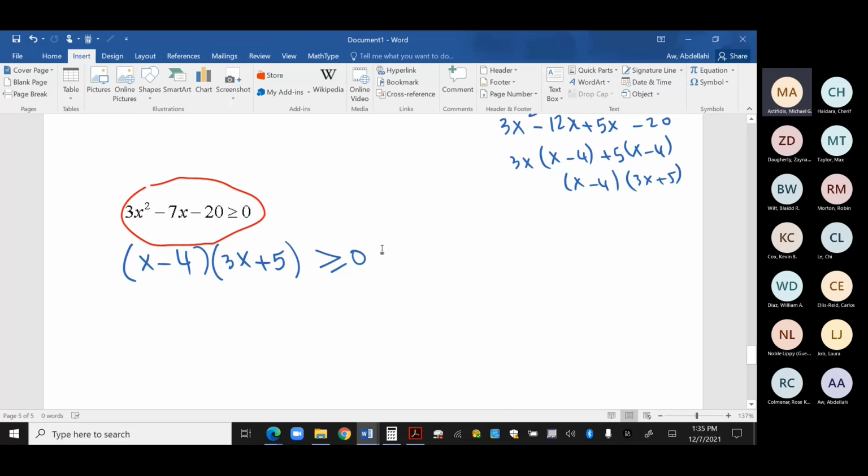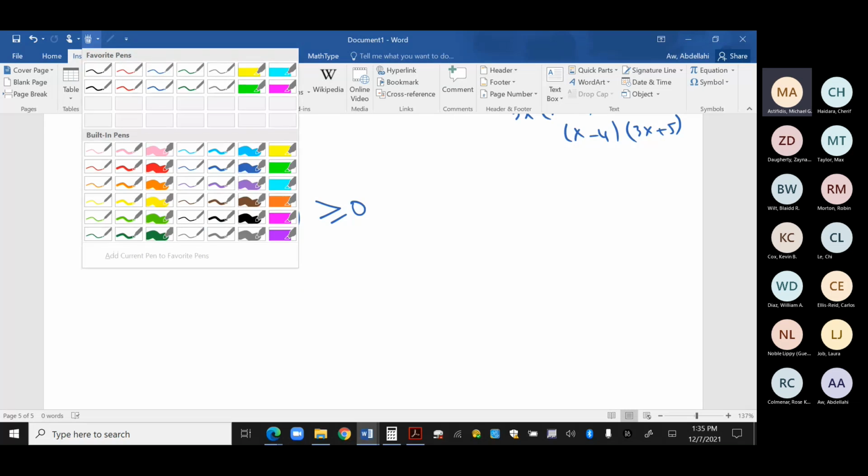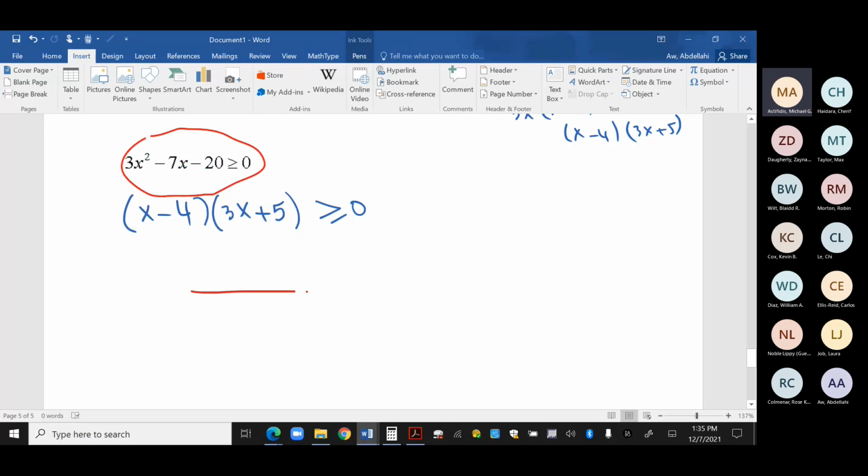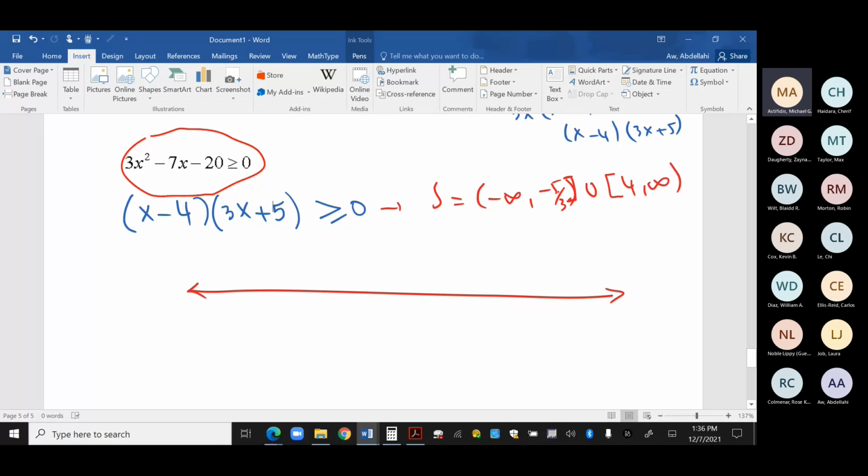What next? The next step is I have my number line. I need this. You see, this is the work. If I don't see this stuff right here, if I see somebody say S is negative infinity to negative 5 over 3, union 4 to infinity, if I see somebody writing this, this is exactly what I'm talking about. Where does this answer come from?